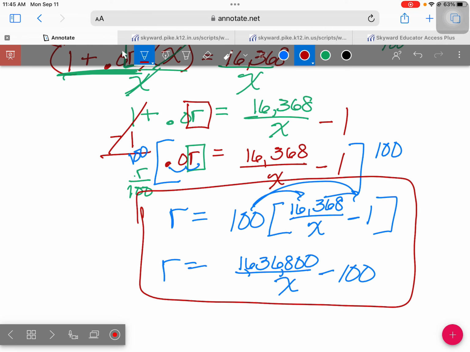Okay. So this is kind of putting this all together, trying to extract one variable in terms of other variables and other items, okay?